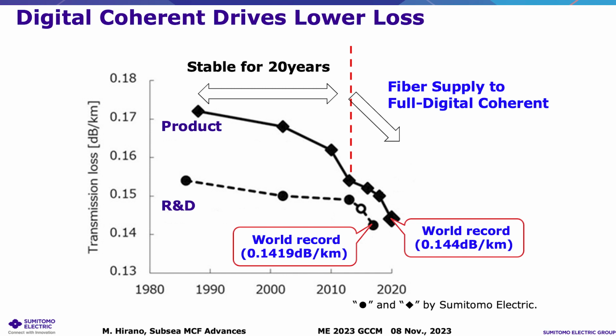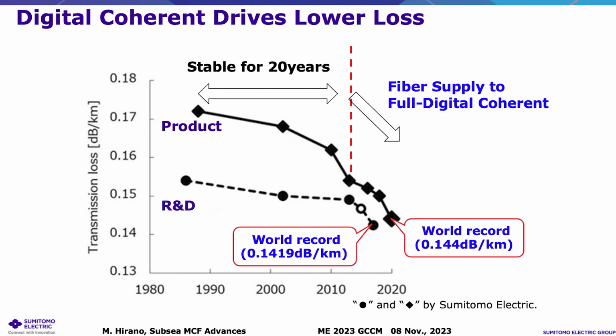And the next is the digital coherent technology. This view graph shows the historical chart of the transmission loss improvement. For almost 20 years, nothing happened. The loss was very stable. And around 2040, please remember the number, this is the year we supplied the fiber to the first digital coherent system. It encouraged us to decrease the attenuation.